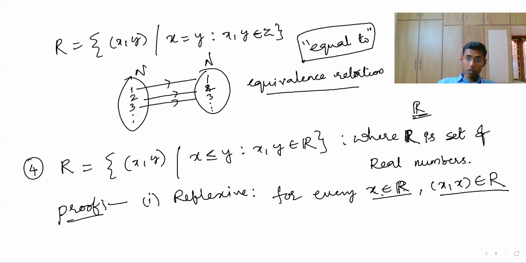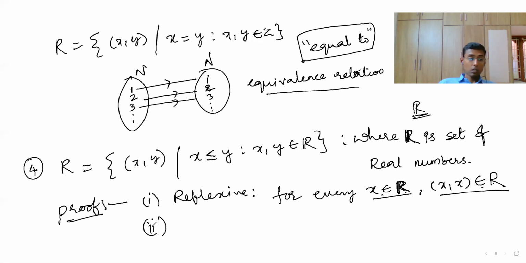For every x belongs to R, (x, x) belongs to R, where x is a real number, R is the set, and this is the relation. Therefore it is reflexive.